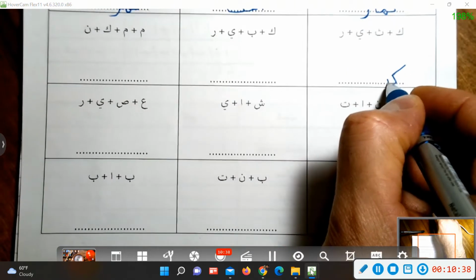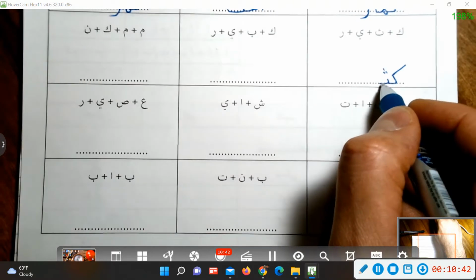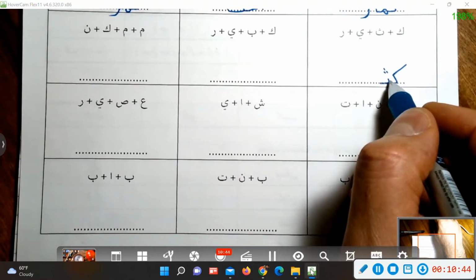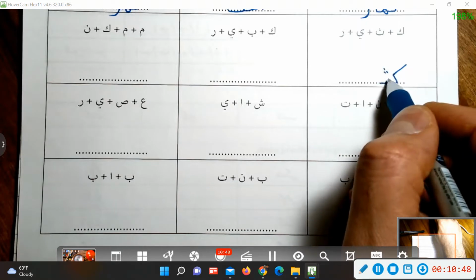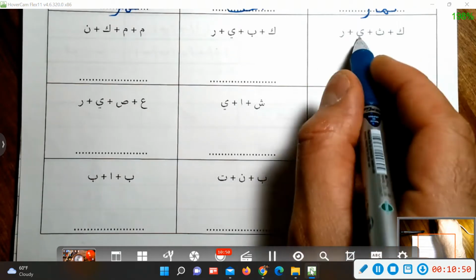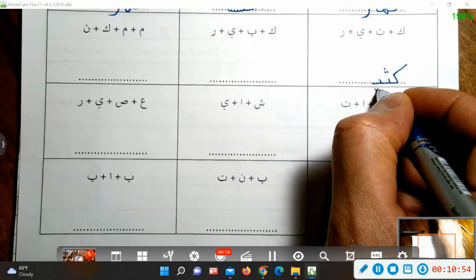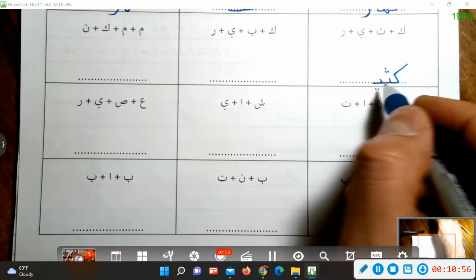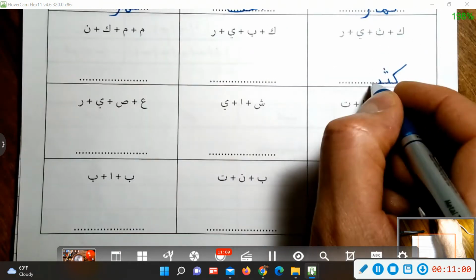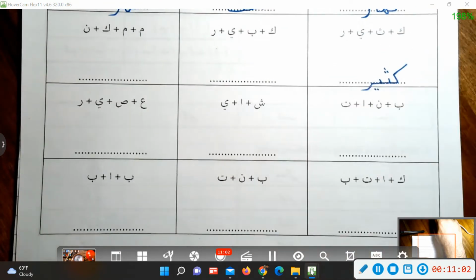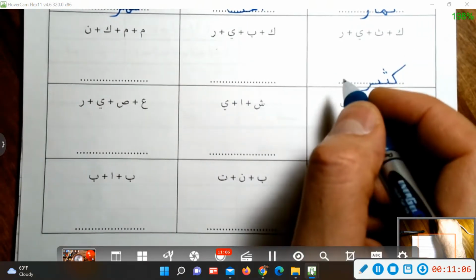The tha, like ta, is written with a tooth and an extension, 3 dots above the tooth. Now the ya changes its shape because it's going to be connected. It's connected from both sides, from right and from left. Now we add the ra under the line. Kathir, kathir.